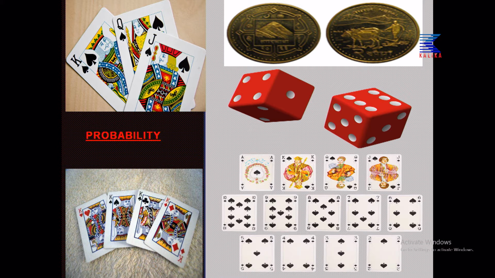Including these, the 13 cards are there. You can see all of these are black in color, and they are spade cards. Okay. So, this is what we learn about in probability. Let us see how much we can do today.